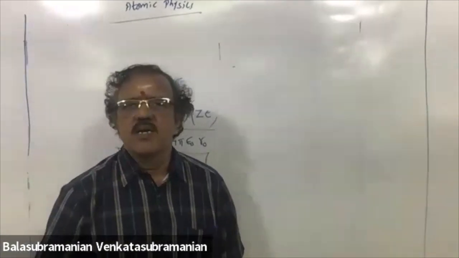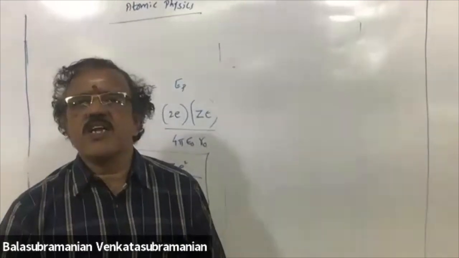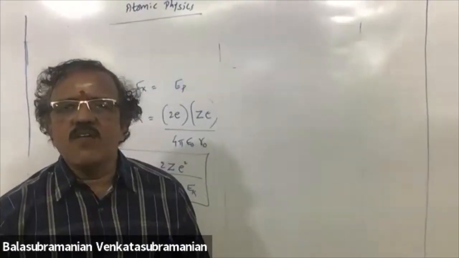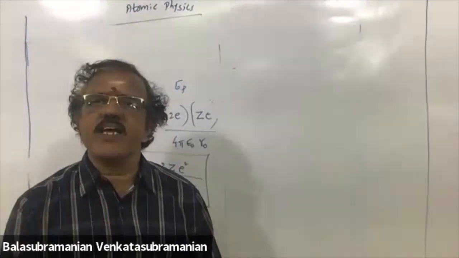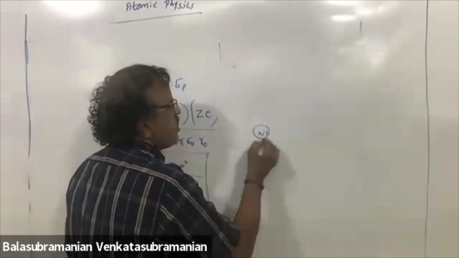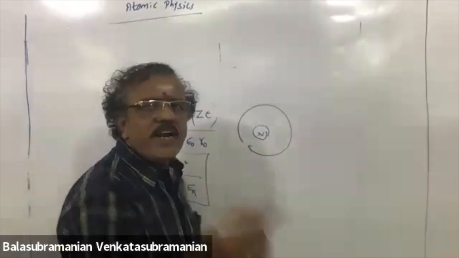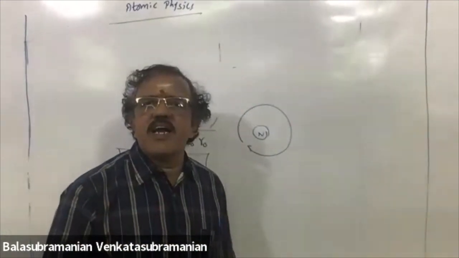Electron is a charged particle. It is revolving around the nucleus, so it radiates energy. So every time it is revolving, it is radiating energy.